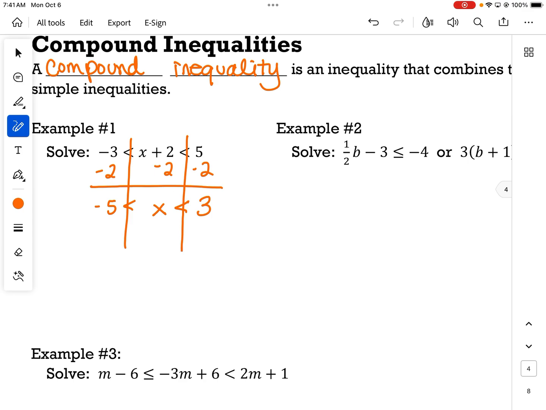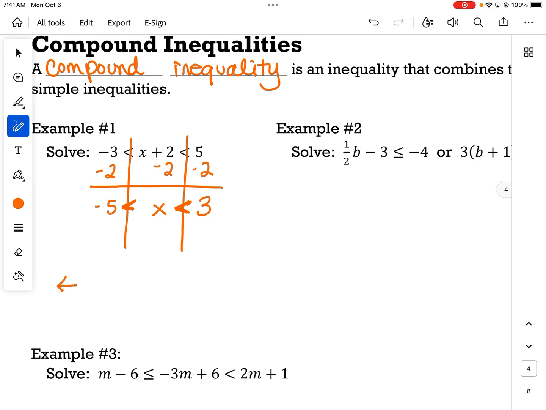That's my inequality. What this means, because we're in order from least to greatest, smallest to largest, and we have the less than symbols, see how they're both less than, and a less than? Then that means that x is between -5 and 3.